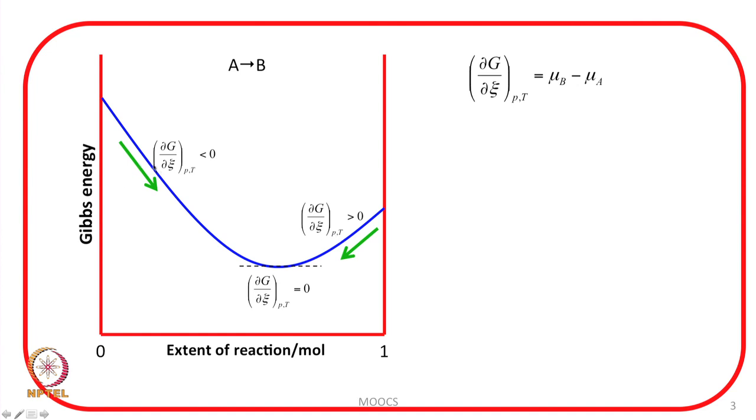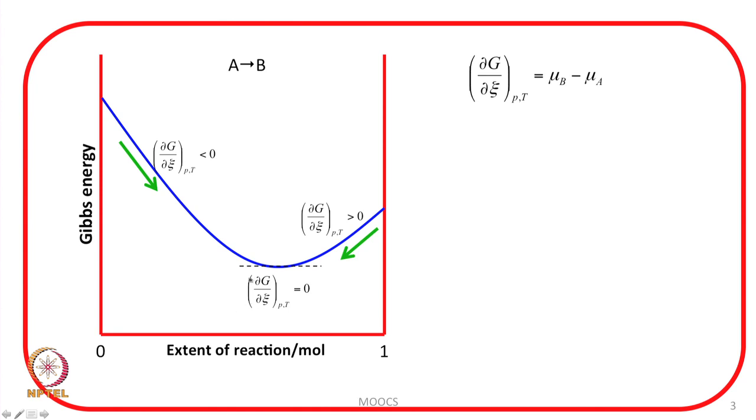For example, if I consider this region, the slope is negative, that is ∂G/∂ξ at constant pressure and temperature is negative. And here the slope is positive, and at this composition of the reaction, the slope is equal to 0.